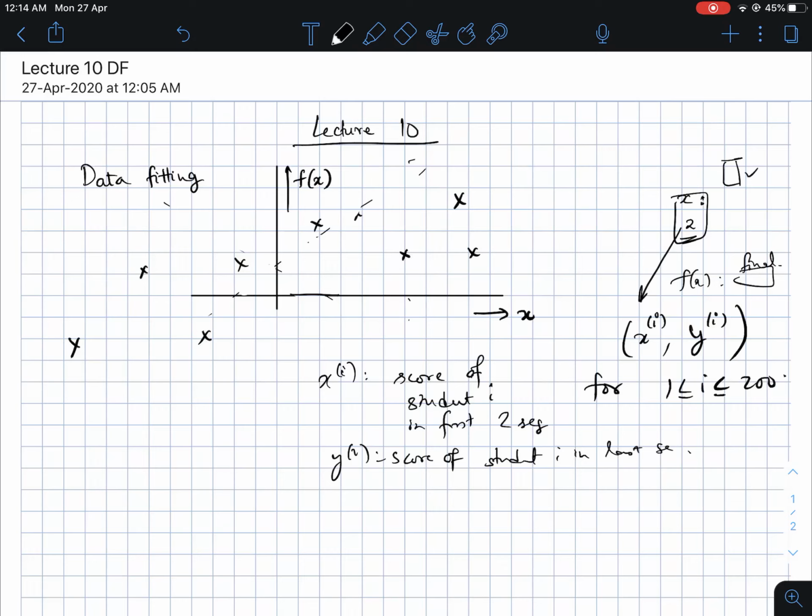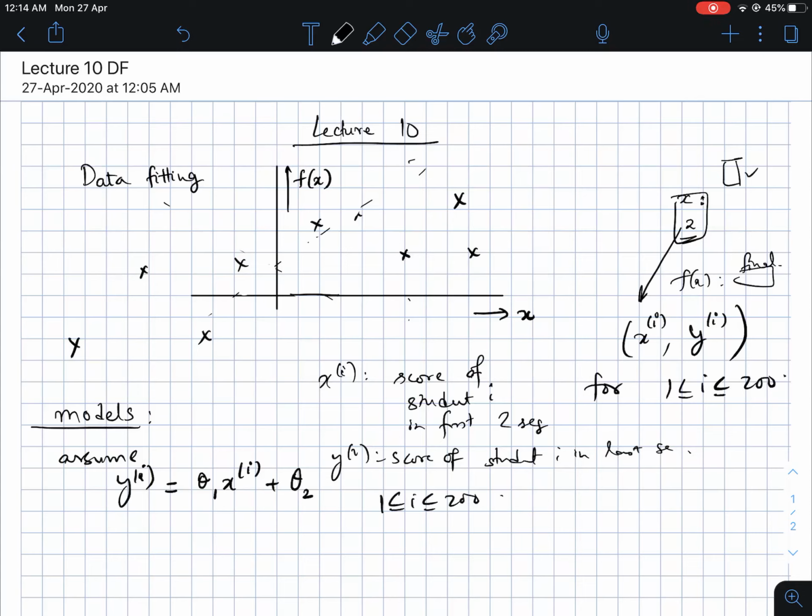Okay, so here is where your models come in. First, you can assume something like this. Let's assume that y is just linearly related to x, meaning that yi is theta 1 xi plus theta 2. This is true for all i, 1 less than or equal to i less than or equal to 200.